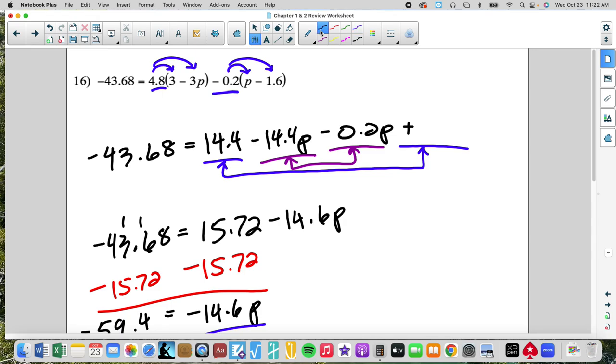That is going to be positive 0.32. I must have carried somehow. All right, so that's going to change that. Yikes. No, that's correct. It's this one, 0.6p. So we're going to take 0.32 plus 14.4 gives us 14.72.